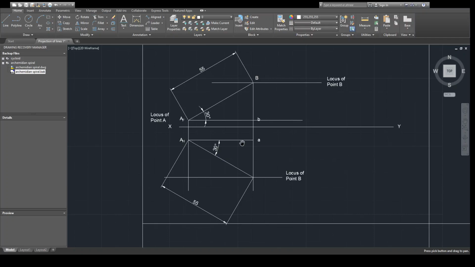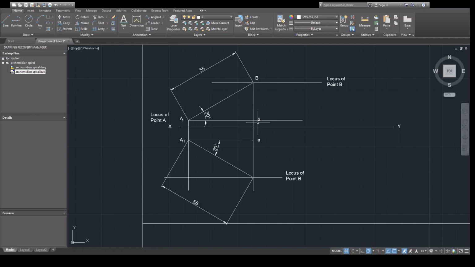We have obtained the top view length, that is AH small a. In the second case we have obtained the front view length, that is AFB.